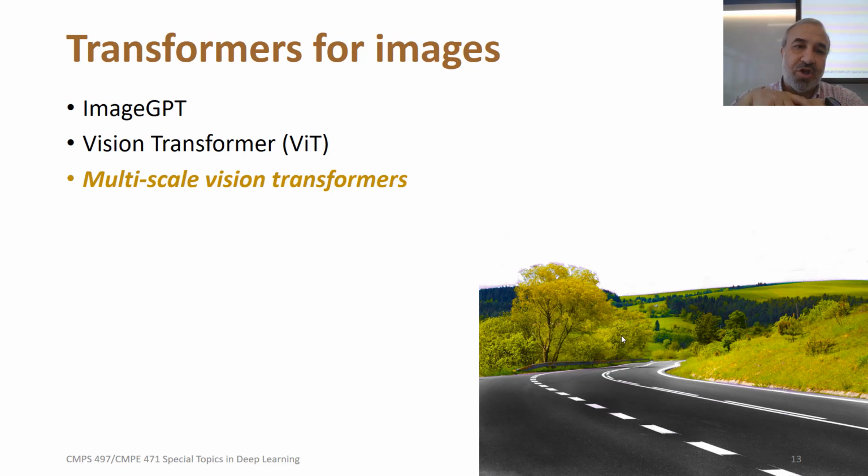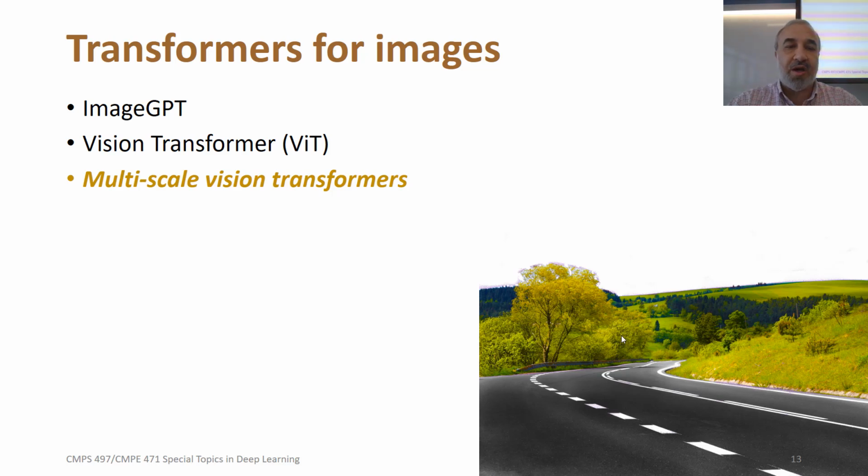The third version, or the third family that we will talk about very briefly, is a version of a vision transformer called multi-scale vision transformers. If you notice in the previous two models, we use the image as is. I mean, there's no scaling. You saw in CNNs that usually we do downsampling, and that will increase the receptive field.